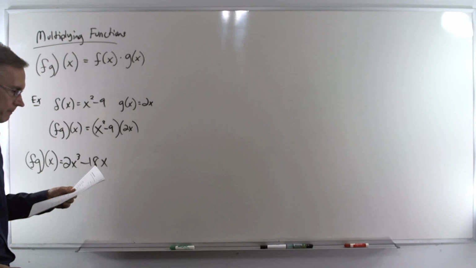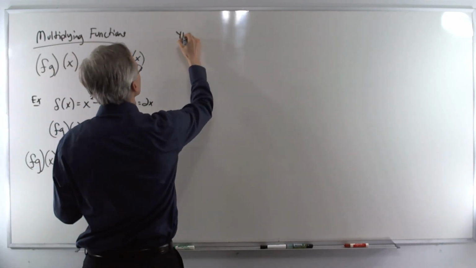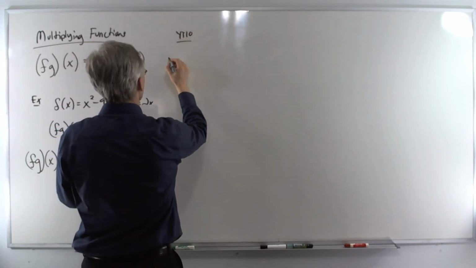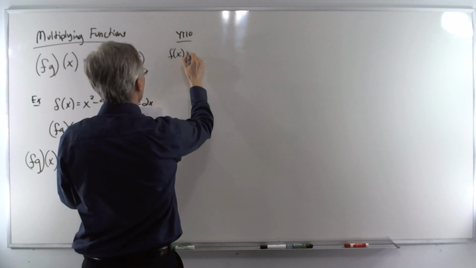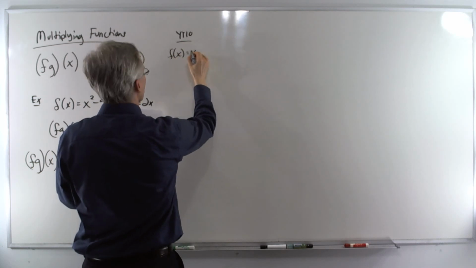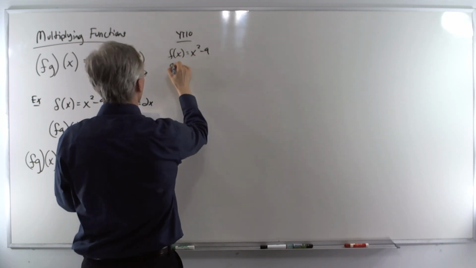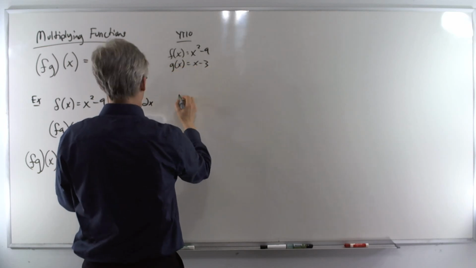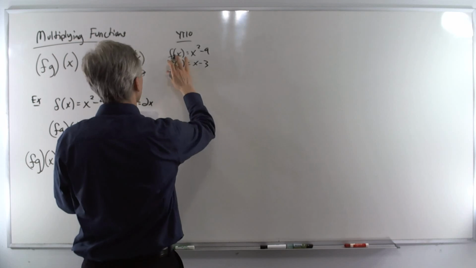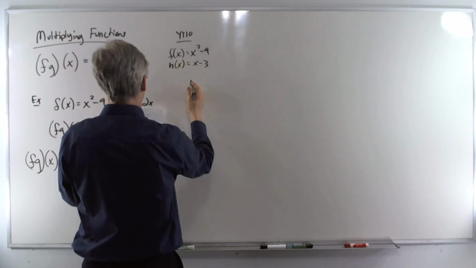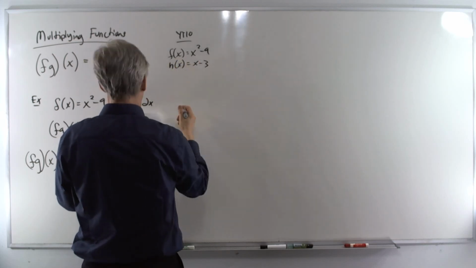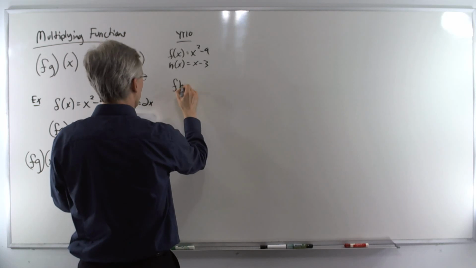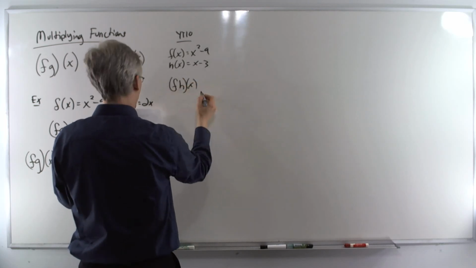Your turn, number 10. That's h. All right, now we're going to find f times h of x.